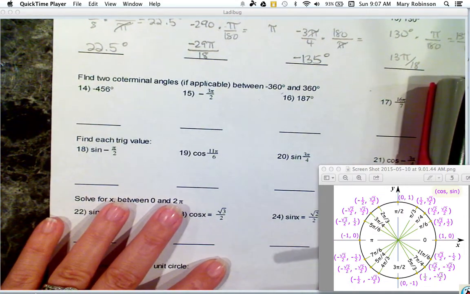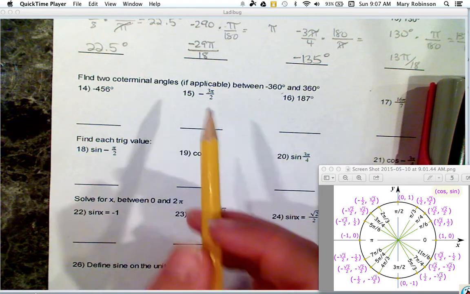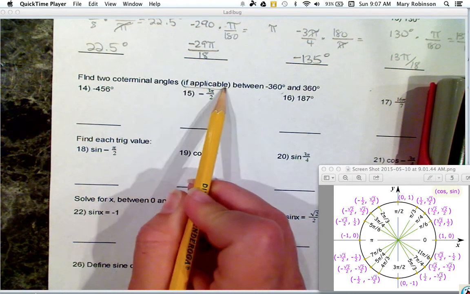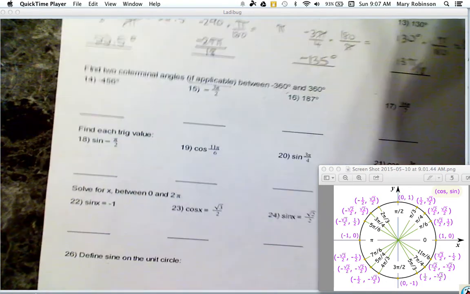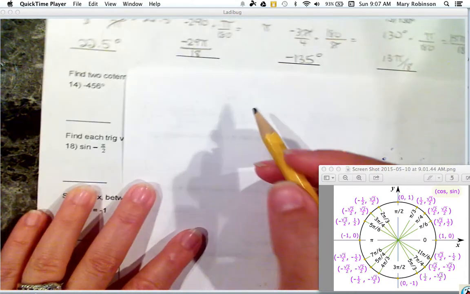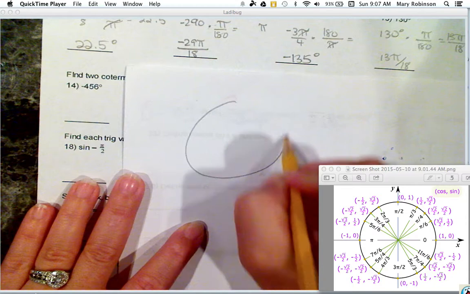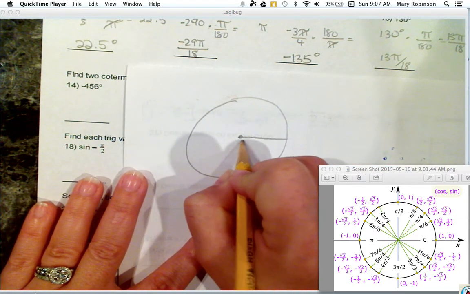Next, it says to find two coterminal angles between negative 360 and 360, if applicable. So that means you may or may not have two. You may only have one. So just as a quick recap, if I have a unit circle, this here would be my initial side.